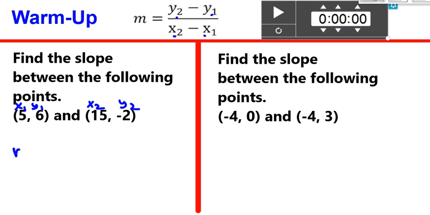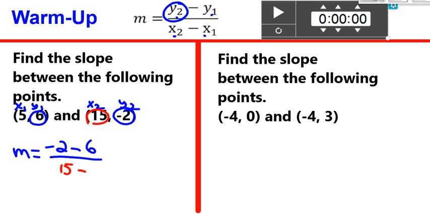So my slope is going to be y2, so as I plug in y2 first, so negative 2, minus y1, which is 6, all over x2, which is 15, minus x1, which is 5. So that's going to give me a slope of negative 8 over 10, which reduces to negative 4 over 5.